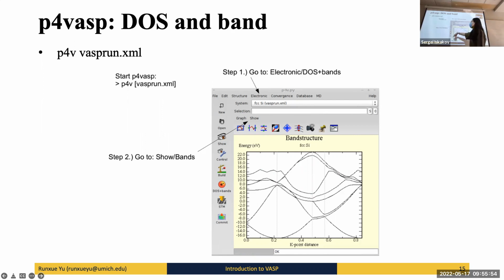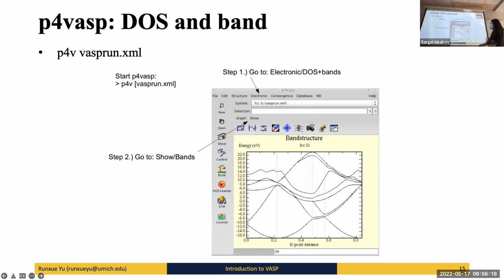In the output files, we will have a file called vasprun.xml, and plot for Vasp will directly read this file. This file contains all the information that you input and also generated from the Vasp calculation.